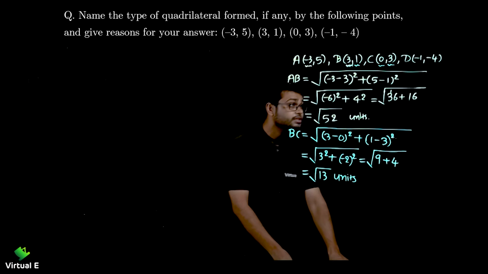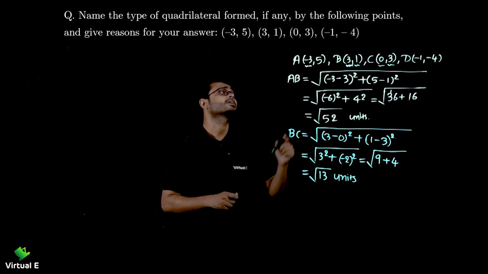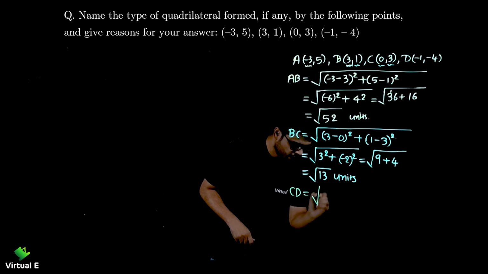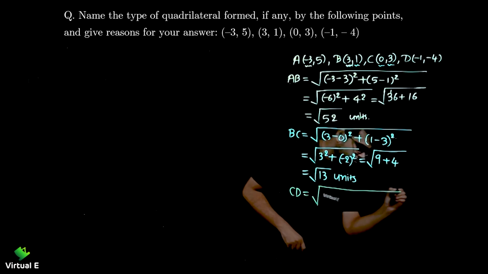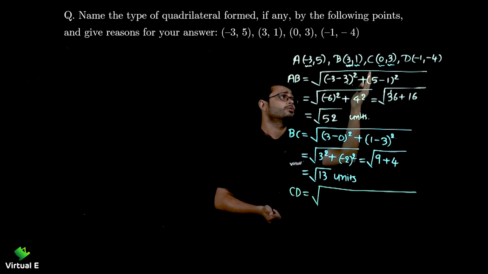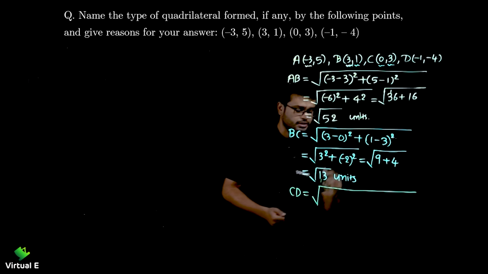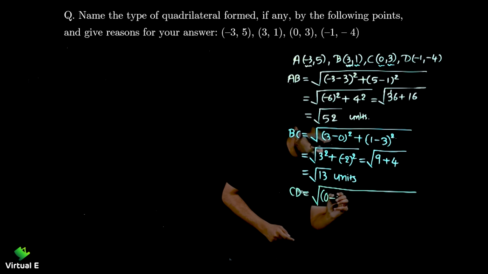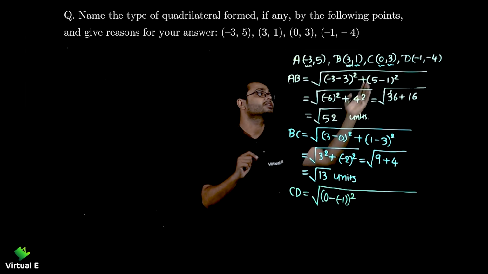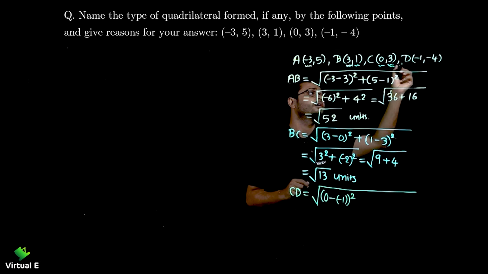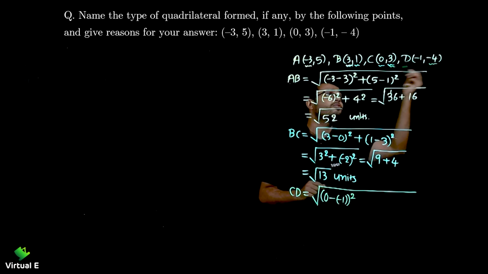Let's get the third side. So the third side is what? CD? Yes, so CD. And square root again here. Then what's my x1? 0. What's my x2? -1. So 0, then minus for the formula, and -1 because it is the coordinate -1. See over here. Now my y1 which is 3 here, my y2 which is -4.